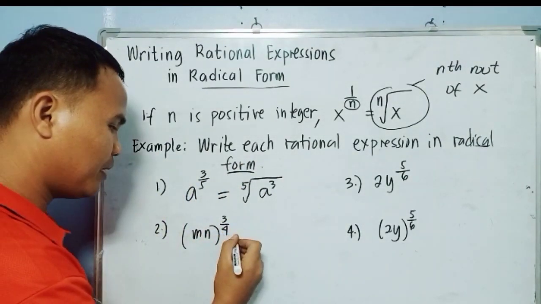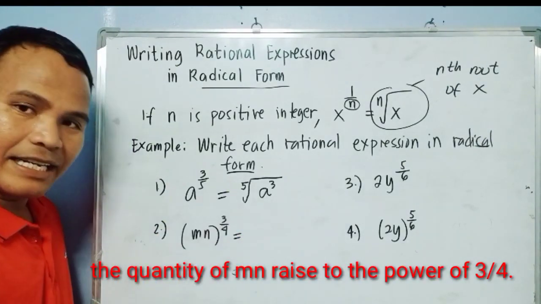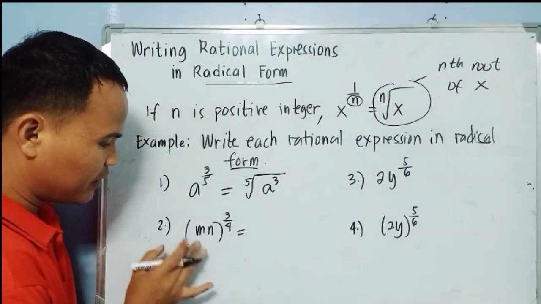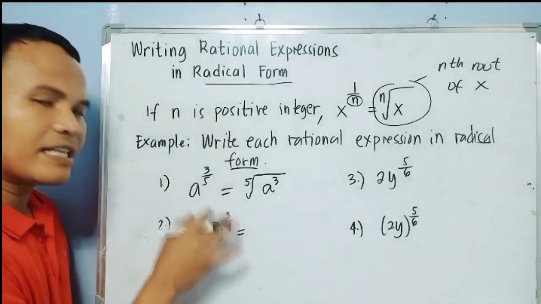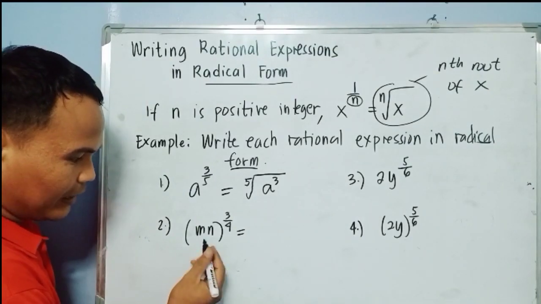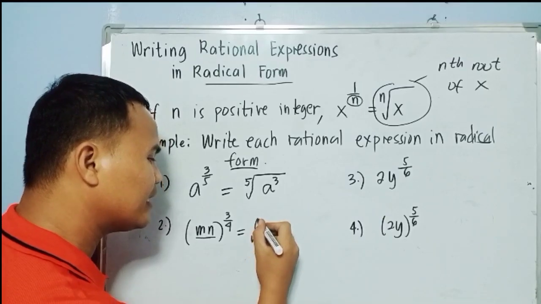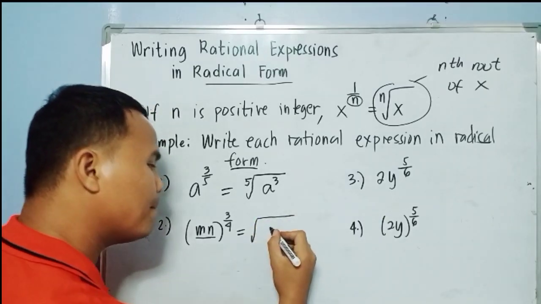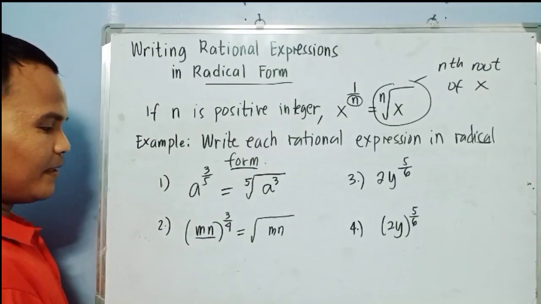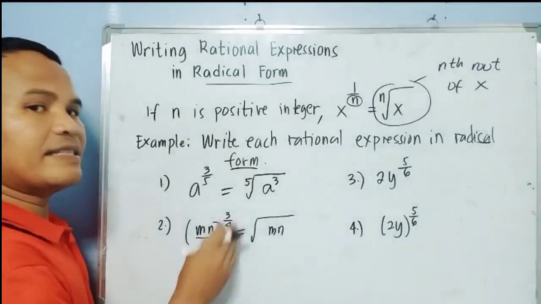Okay. Next example, number 2. The quantity of mn raised to the power of 3 over 4. Okay. Now, our radicand is m and n. So, you write a radical sign, then put m times n as our radicand. Okay. Now, as I said, our denominator is the index.